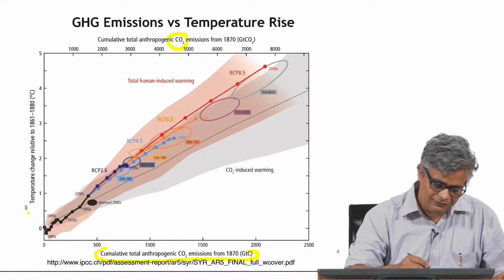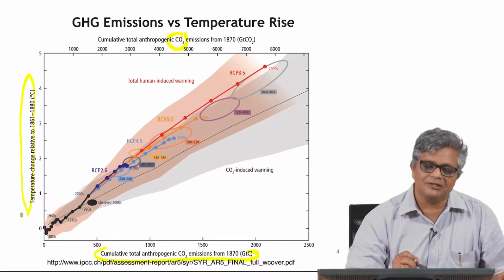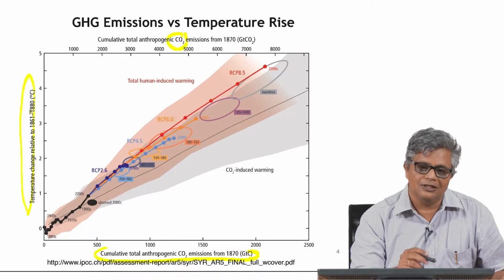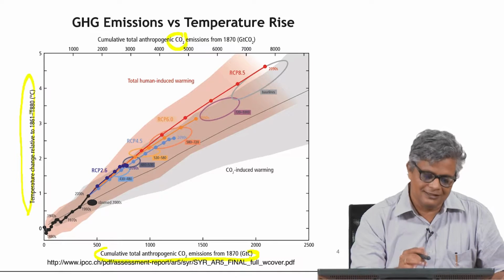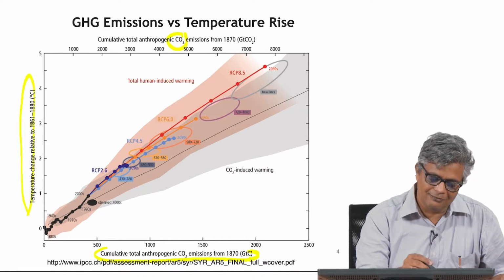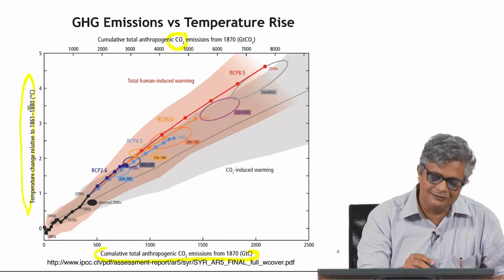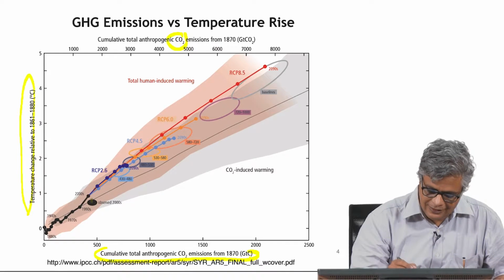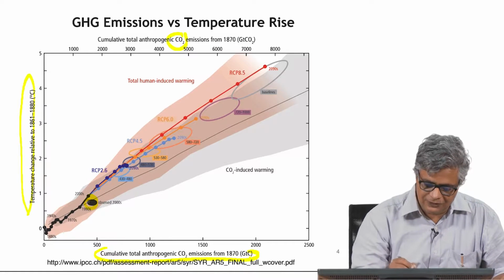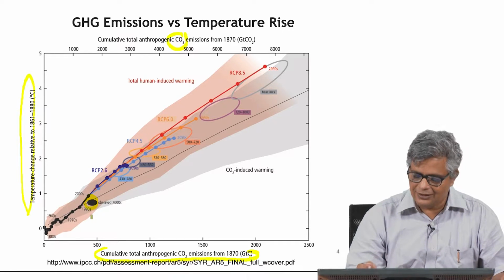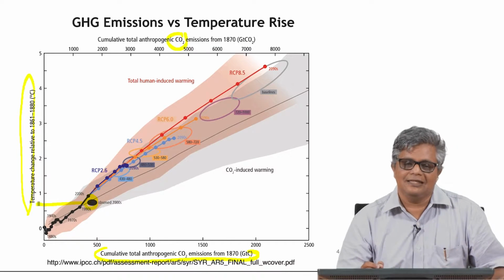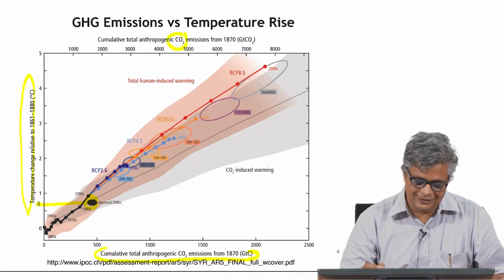On the y-axis is the temperature change since the average over 20 years around 1870, that is, the temperature average between 1861 and 1880. As of 2000 we are somewhere here, having emitted slightly less than 500 gigatons of carbon, with about 0.7 degrees centigrade temperature increase.